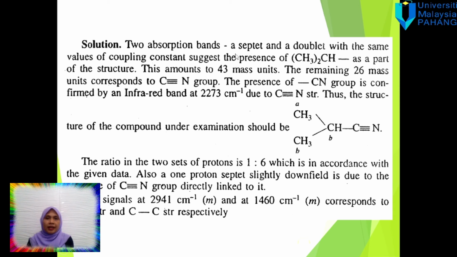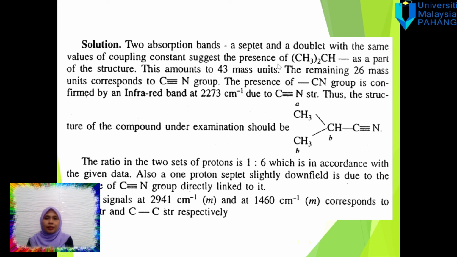In this case, we go directly to the interpretation of the proton NMR first. A septet and a doublet, only two signals in the proton NMR. The coupling constant suggests that there is unsaturation. The CH3 with 6H integration means there are two CH3 groups attached to the CH.